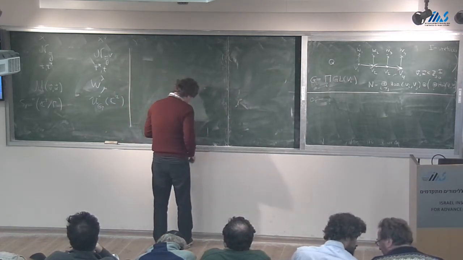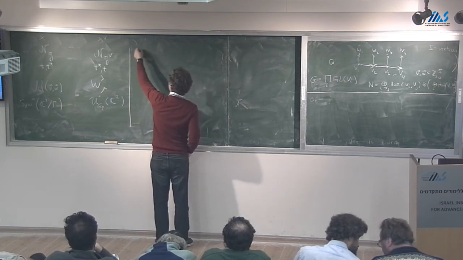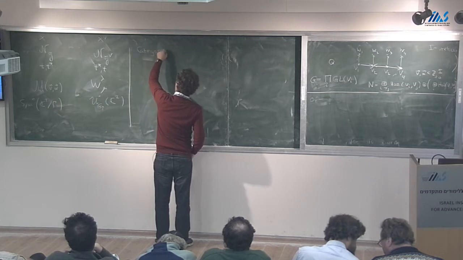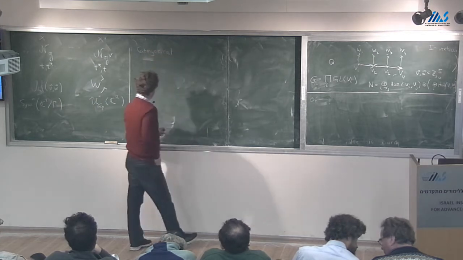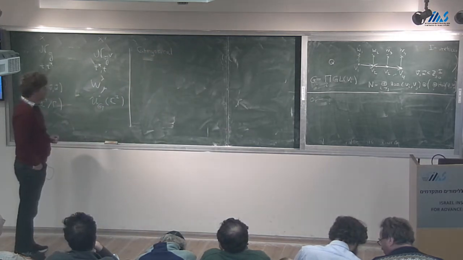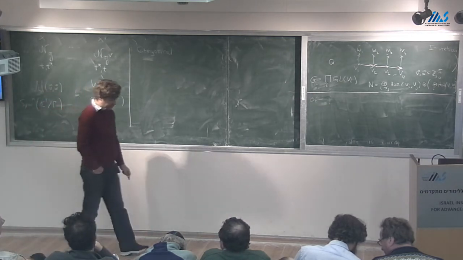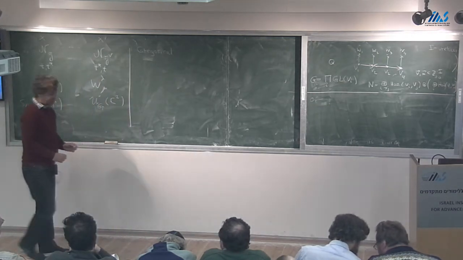Okay, so categorical symplectic duality. By the way, there's one other big class of examples, which are always the easiest examples, which I forgot to say.